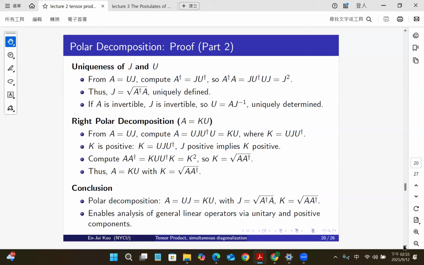So this you can go back to your polar coordinates, right?